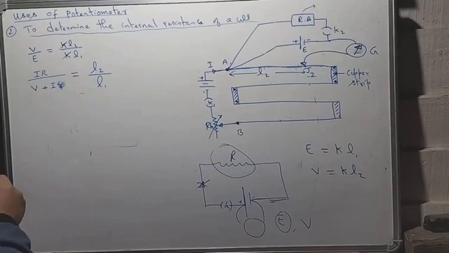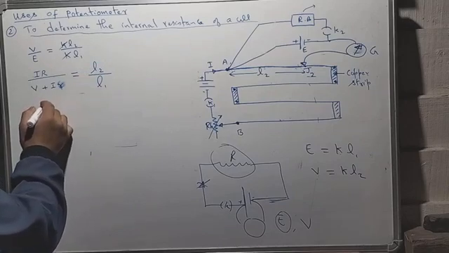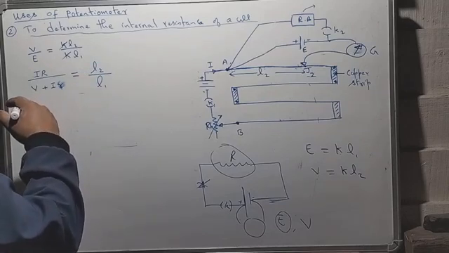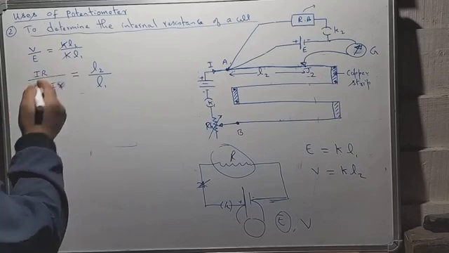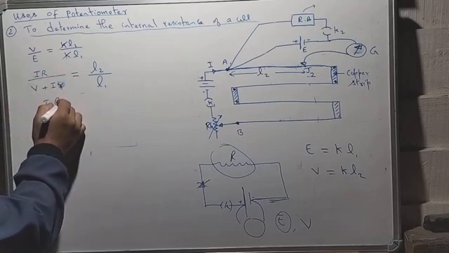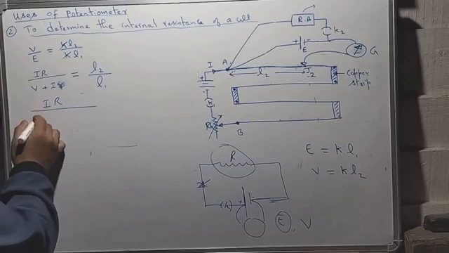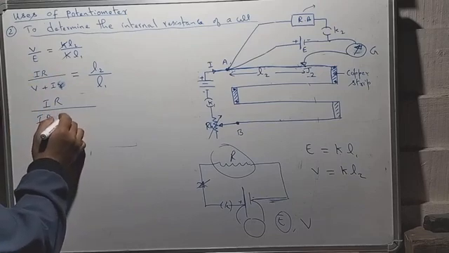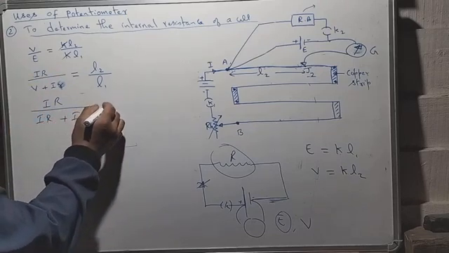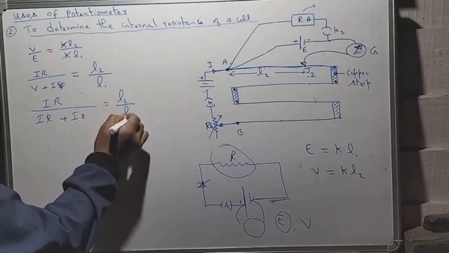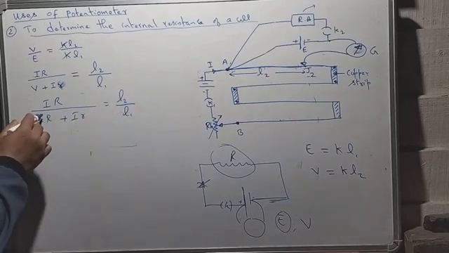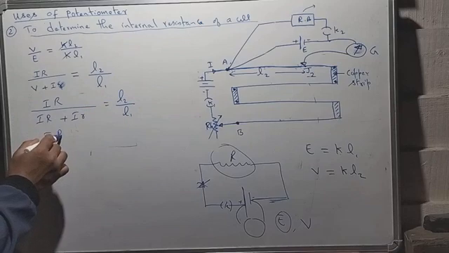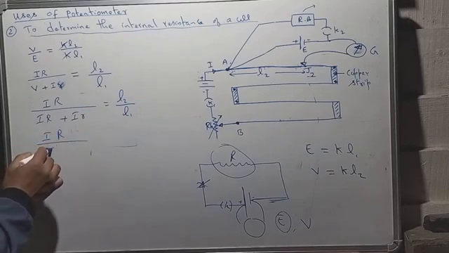Again, instead of V, I will write I capital R, so we have I capital R upon I capital R plus I small r equals L2 by L1. Next, I will take common this I in the denominator.